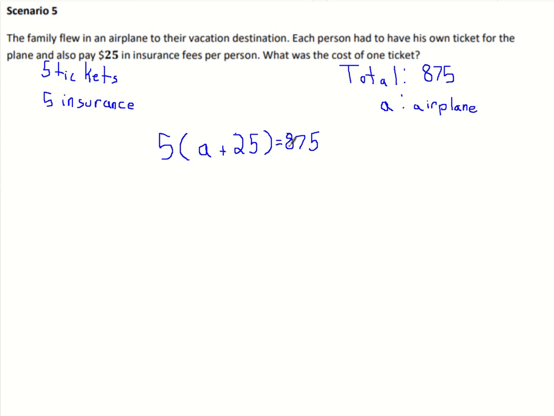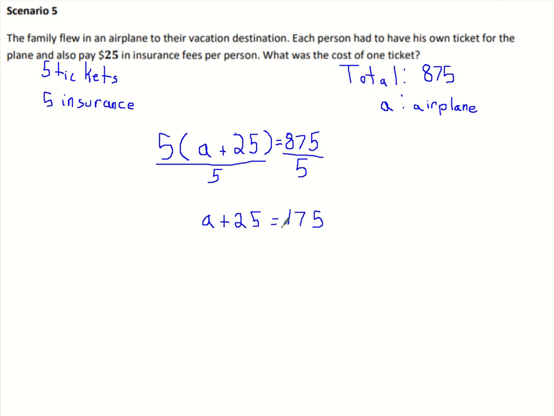But I don't care what 5 times the cost for one person is. I only care what the cost for one person is. So I'm going to divide by 5. When I divide by 5, I get that my airplane ticket plus the $25 insurance fee is going to equal $175.